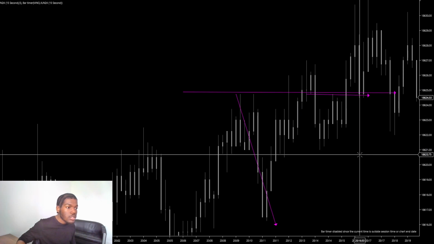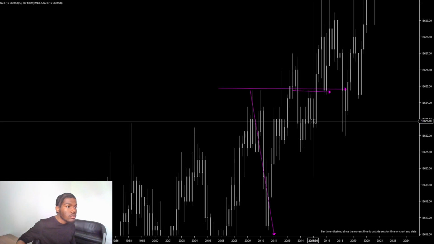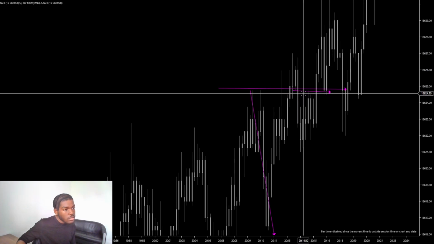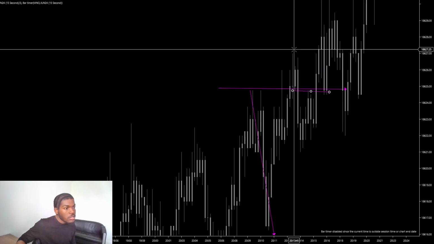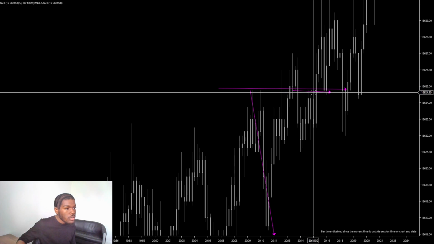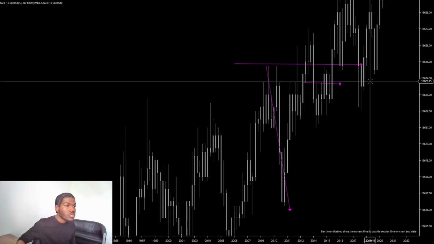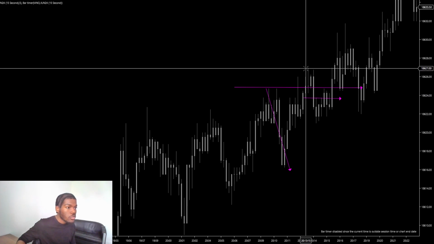Is it? No, it's not, because it didn't move above this high. So regardless, it had to be a closure. So that is the last up candle, because this high belongs to it.